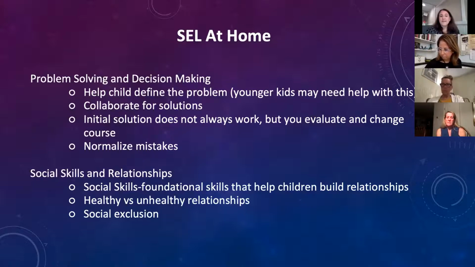Empower them to seek healthy friendships, healthy relationships. It's, again, normalizing that it is okay. It goes back to that old saying that not everyone is going to be your friend. And that's okay. We have to have healthy relationships, and some relationships aren't meant for us. So it's having those age-appropriate conversations about social skills and relationships as well.